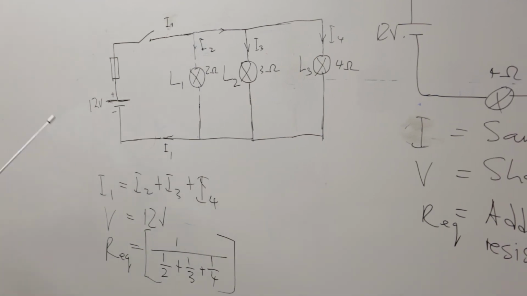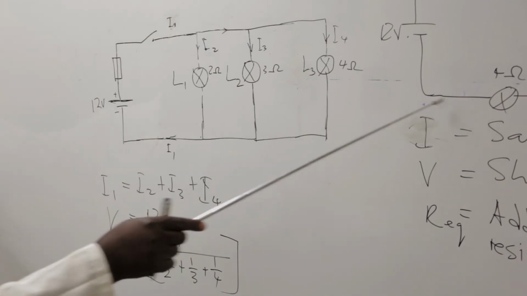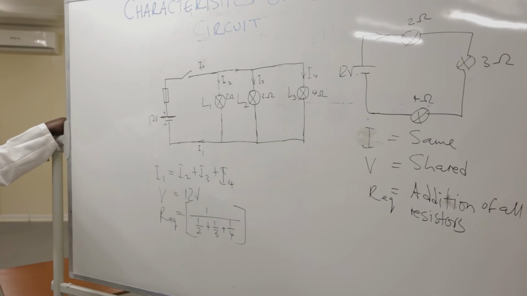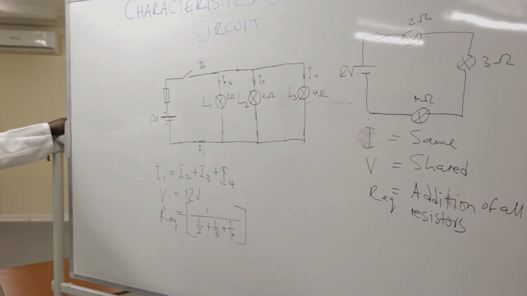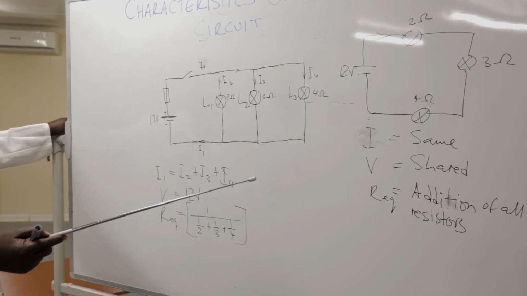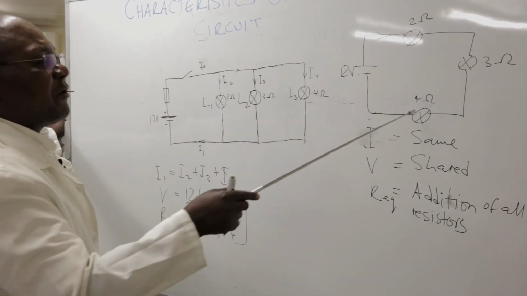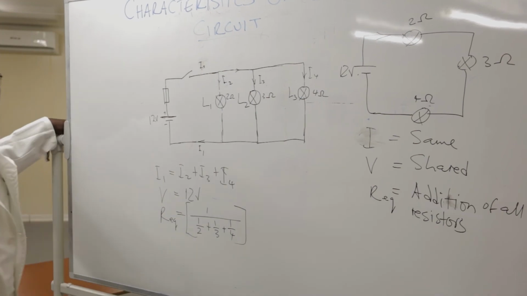With a parallel circuit, if you compare this and that: in the series circuit, since it's the addition of all the resistors, the equivalent resistor is higher than the biggest resistor in the circuit, isn't it? If you add all those three, the equivalent resistor will be higher than the highest resistor in the system.